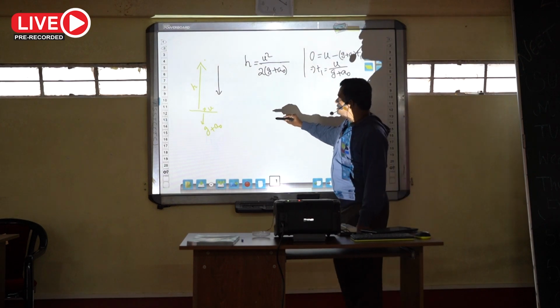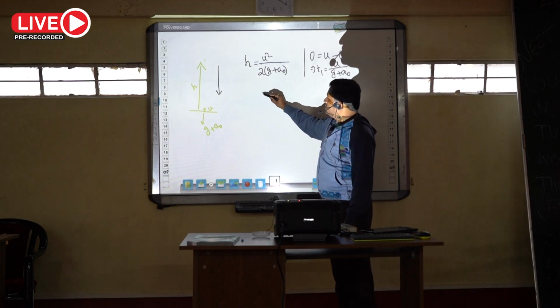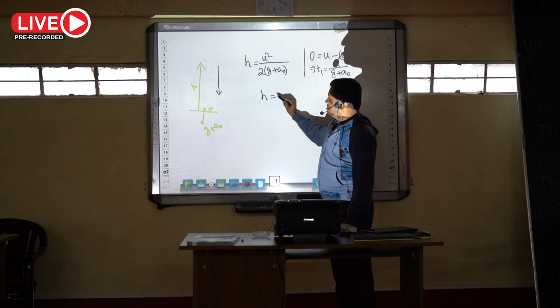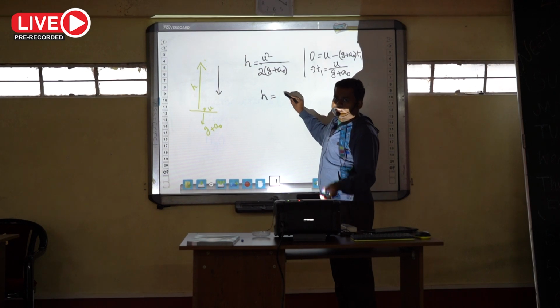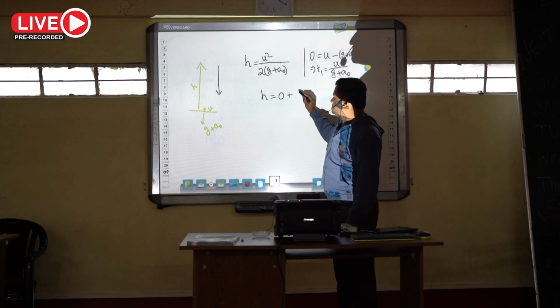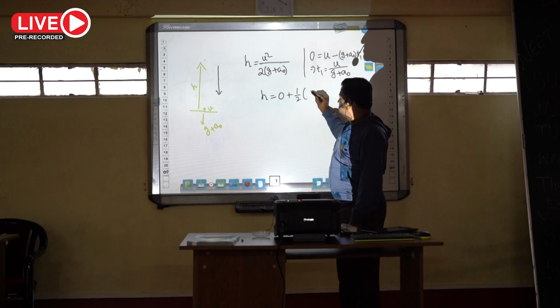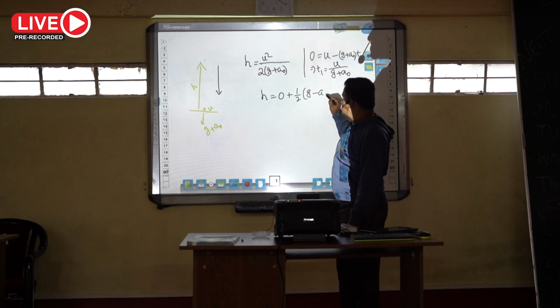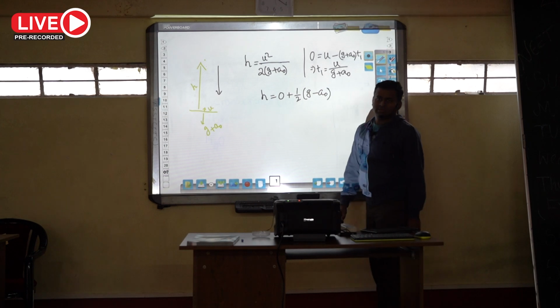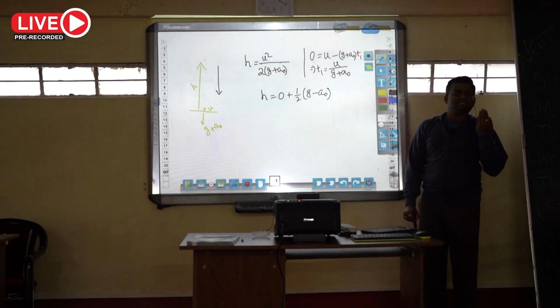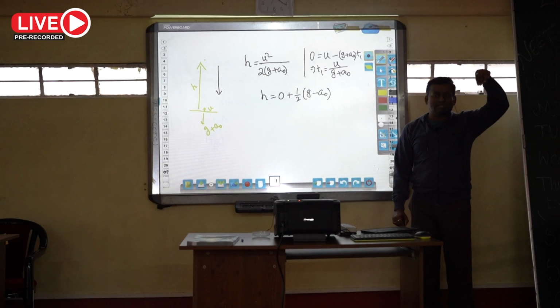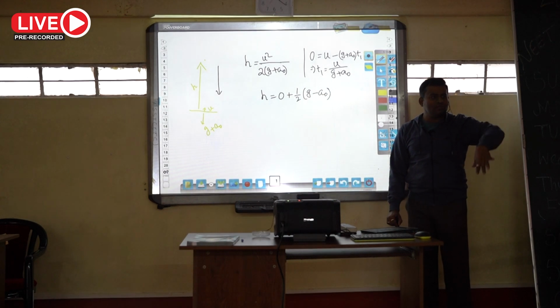So now the equation will become h equal to ut, but u for this part will be 0, plus half, it is falling with acceleration g minus a naught, because now the air resistance is upward. So initially if there is no air resistance, it will fall with g.